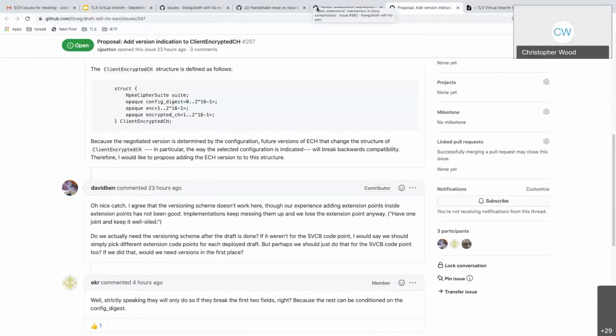Ben? Ben Schwartz. I don't really understand the ossification concern that you're mentioning here, because the only way that this ever gets used with a future version is with clients and servers that are both aware of this new version.